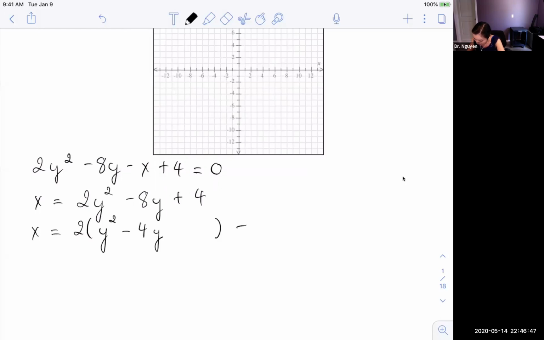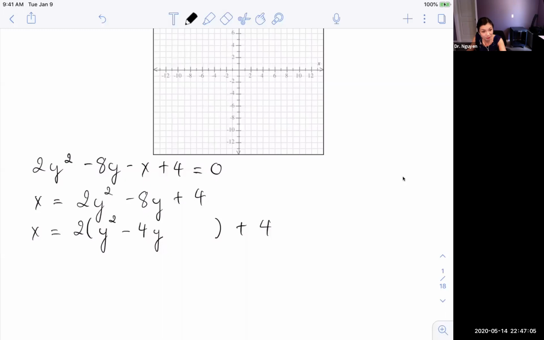I didn't do anything to the 4, so I keep the 4 outside of the parenthesis. Imagine if that 4 were 5, then you can't really divide. Anyway, so I'm going to complete the square.